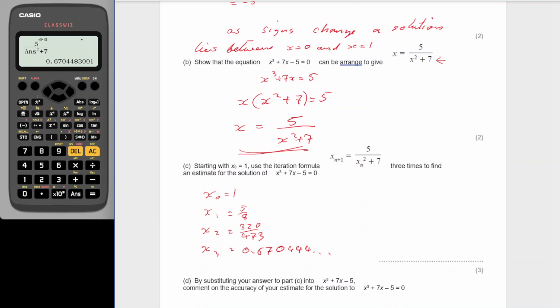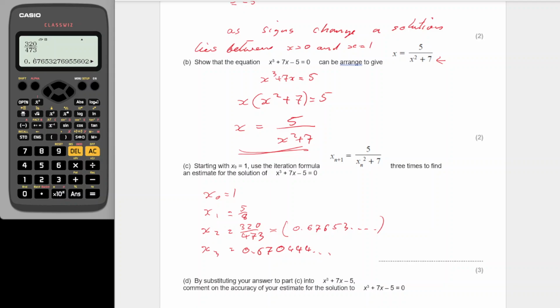Okay, I'm going to go decimal on that last one. 320 over 473 as a decimal, 0.67653... I'm not going to get into this debate. You do a lot more about this at A level.